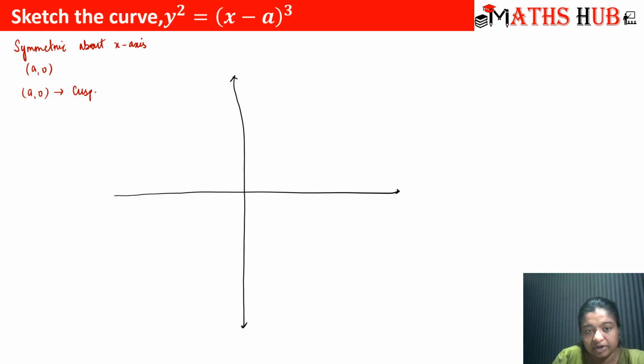So if this is your axis y and x, here if I have the point a comma 0, it's a cusp, so the curve will be somewhat like this, right? So you can see that it is symmetric about the x-axis and this point is acting as a cusp, right? And this line y is equal to 0 will be the tangent, right?